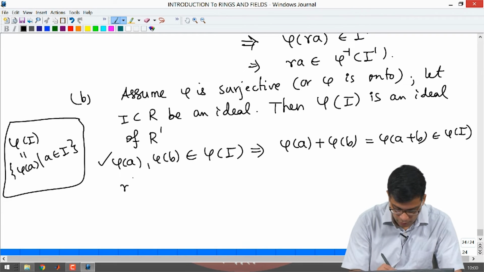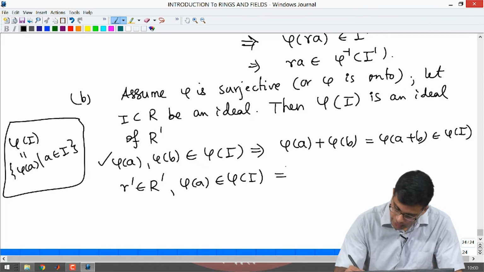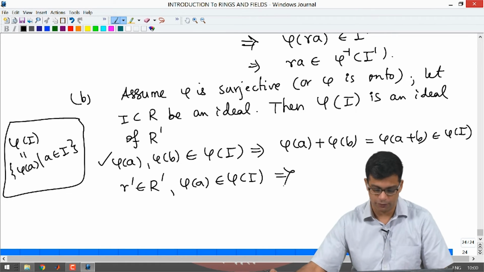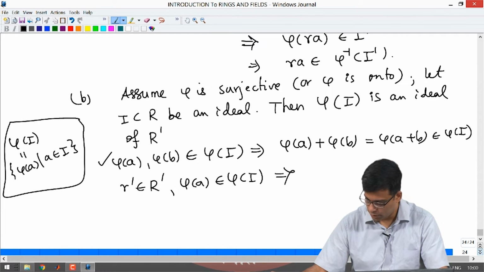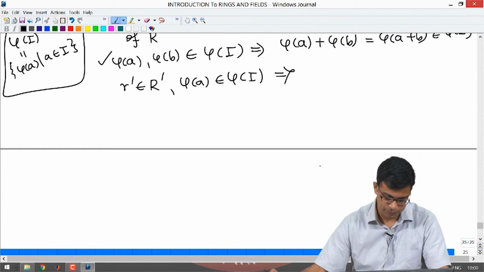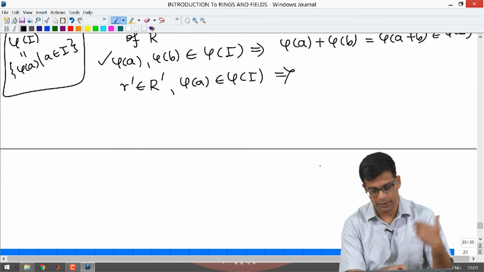Now, let us take an arbitrary ring element of R prime and phi of A in phi of I. Here is where we need the surjectivity of phi, because if small r prime is in R prime, there is no reason to assume that it is the image of something.